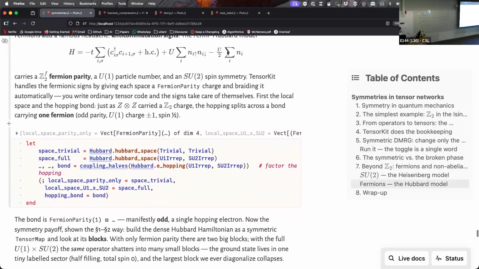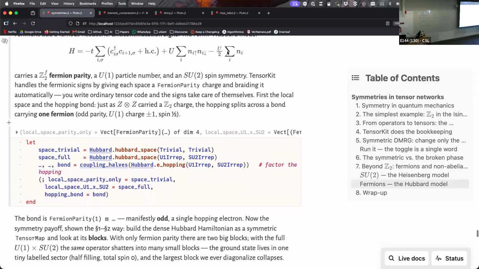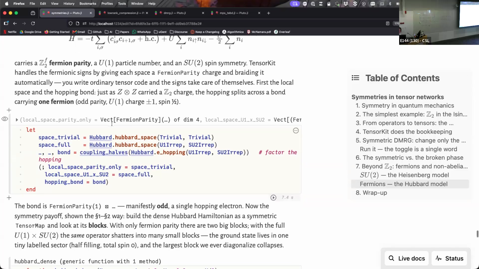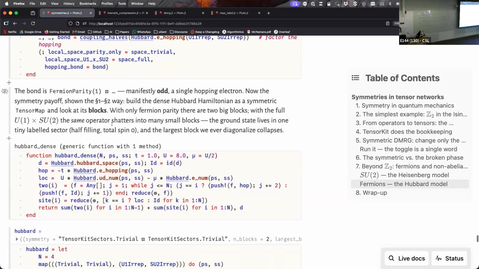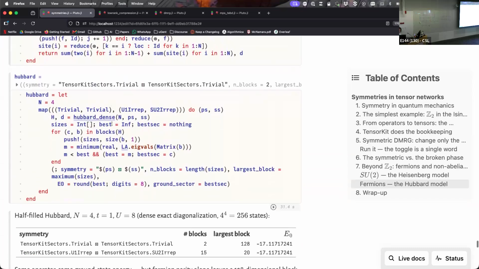Especially in 1D, this is not a huge deal because you can always Jordan-Wigner. In higher dimensions, doing a Jordan-Wigner transformation becomes a real pain. And so this bypasses that. And this is some of the stuff that we're still working on very intensely.